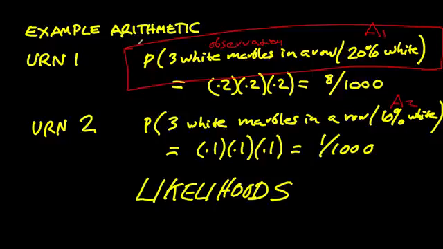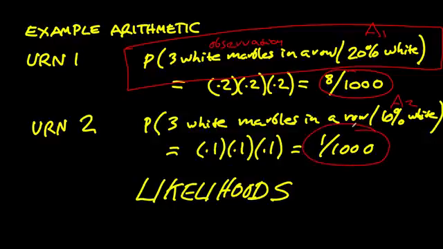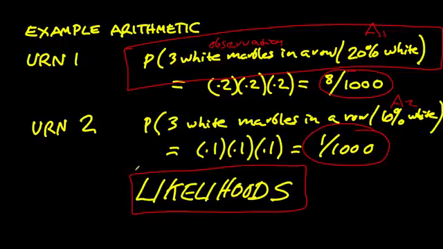So the probability of observing 3 whites in a row, if we know we're observing urn 1, is 8 in 1,000. Similarly, if the likelihood of each individual white marble being drawn with replacement is 10%, then the probability of 3 whites in a row is 1 in 1,000. And these terms are known as likelihoods. The likelihood of the data given the parameter.